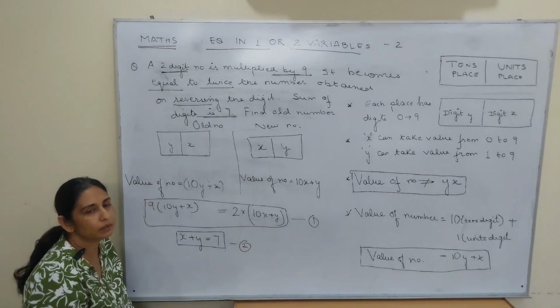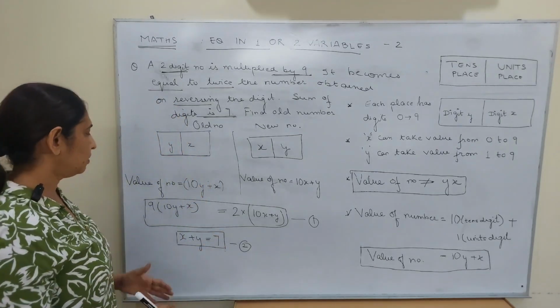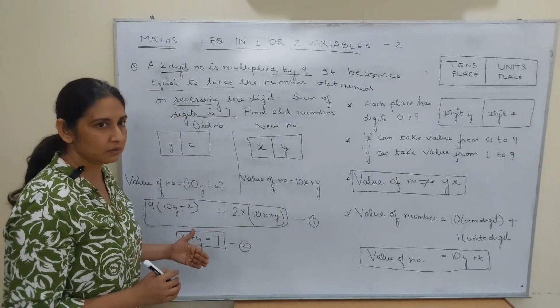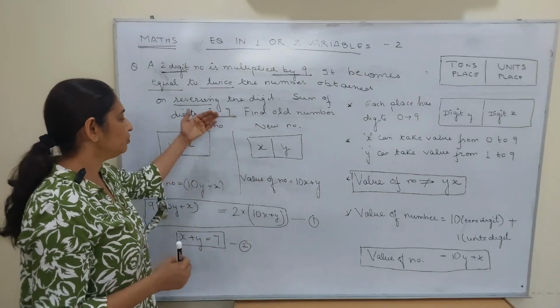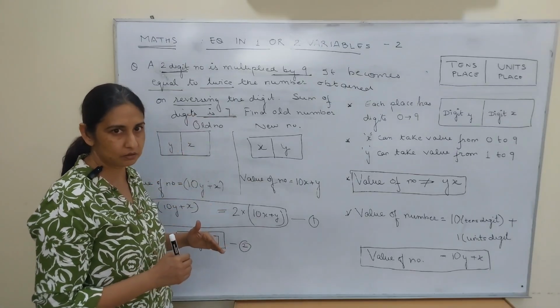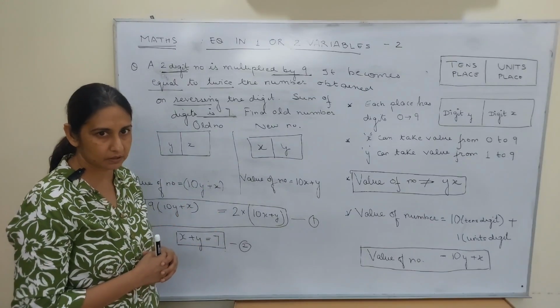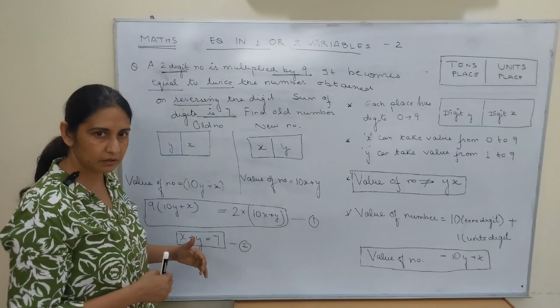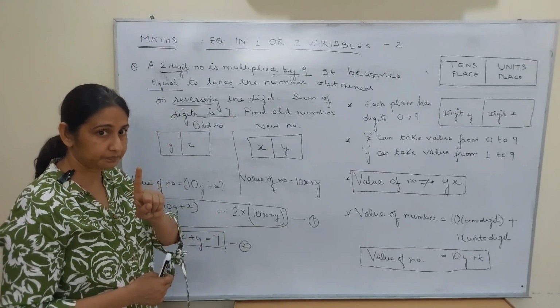Now if you have these 2 equations, I'm stopping here because I assume you know how to solve two variable equations. My purpose of this video is only to explain how to form these equations, because that's where most of the mistakes happen. Hope this is clear. Now I'm taking the same question but with one variable.